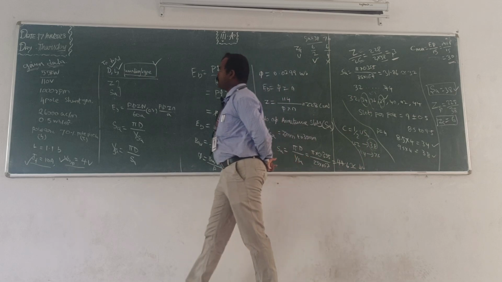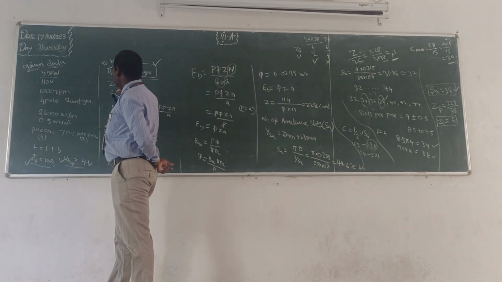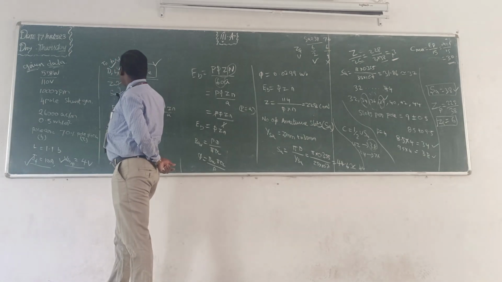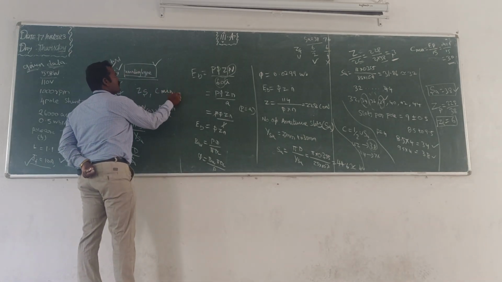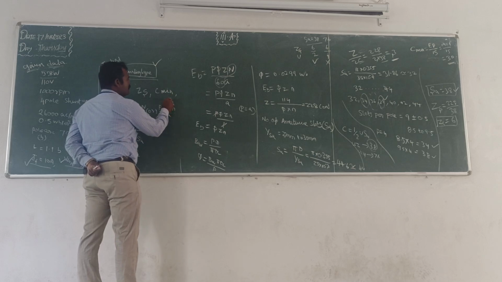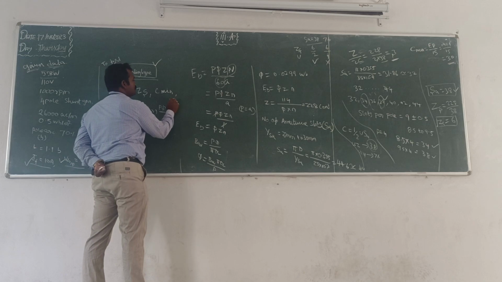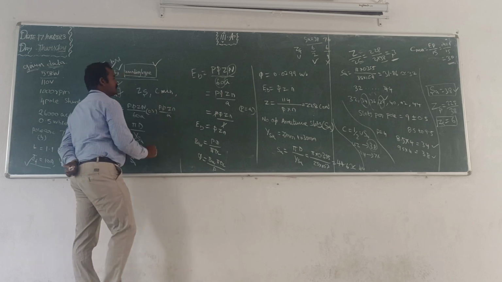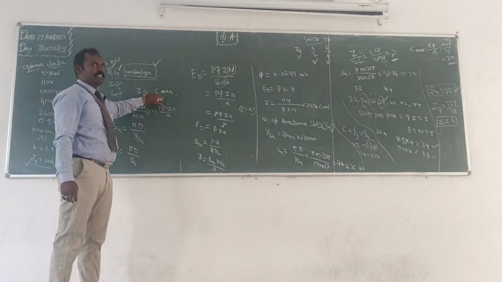So you can see the problem: main dimension and winding type, total number of conductors, armature slots, conductors per slot, C minimum, and number of coils per turn, which we found.